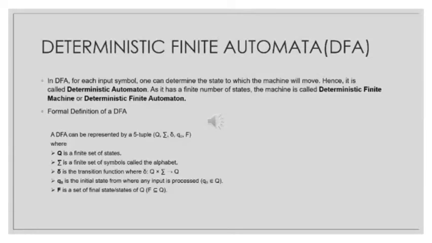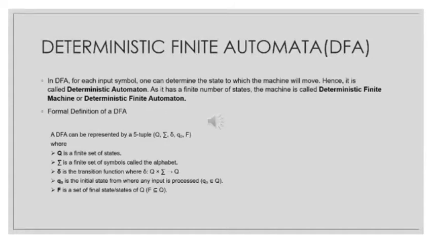Now we will see deterministic finite automata, that is DFA. In DFA, for each input symbol, one can determine the state to which the machine will move. What is the meaning? For each input symbol, one can determine to which state the particular machine will move.